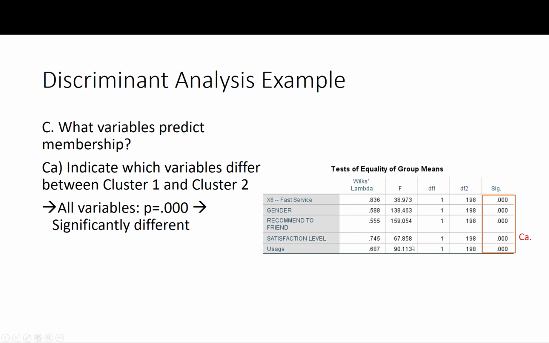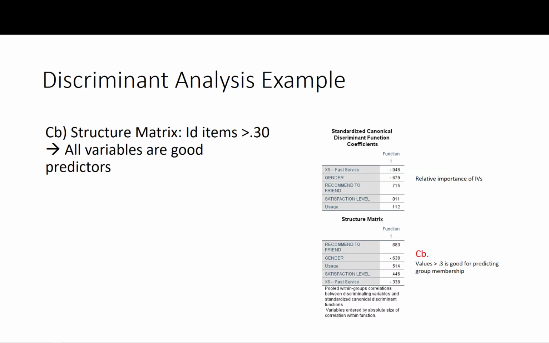So this is the first step of this procedure. We look at the test for equality of group means and significance levels over in the right hand column. As we see, all of our variables are significant in predicting differences between cluster 1 and cluster 2. So at this stage, all variables remain in the analysis.